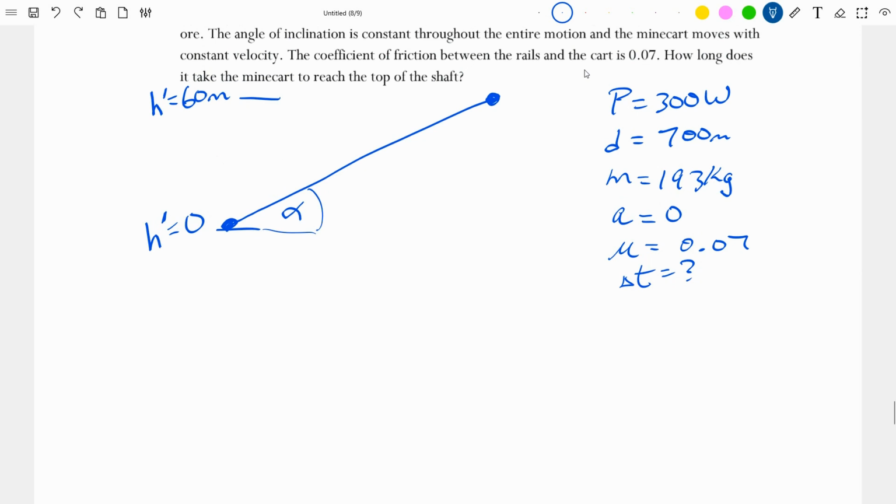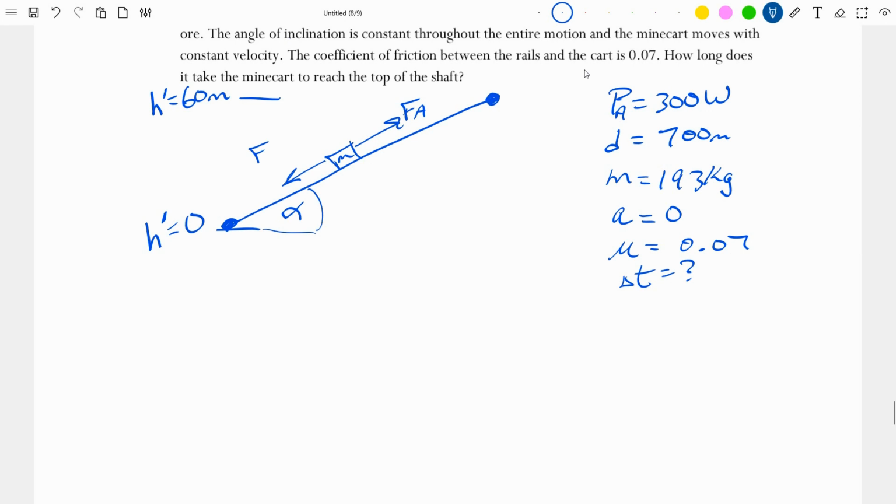Okay, so I'm just going to draw this little cart at some randomly chosen point. There is an applied force ultimately resulting from that engine that we have. This is kind of like the last one that had an inclined plane.